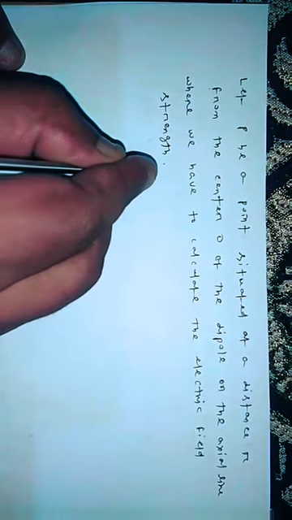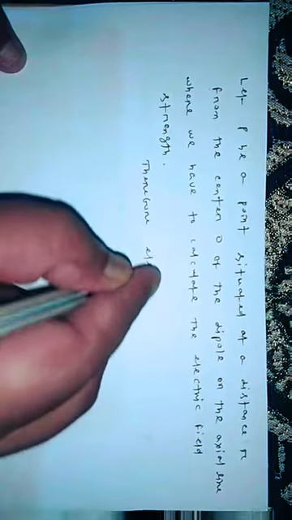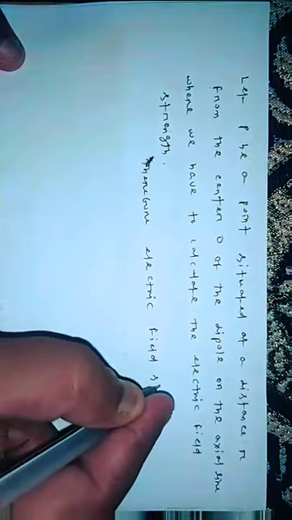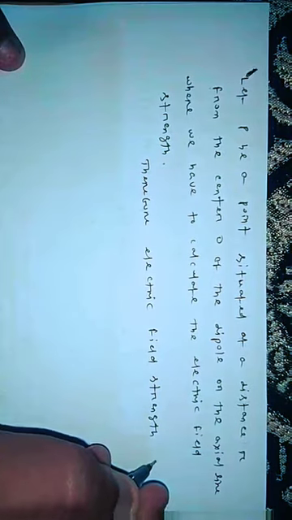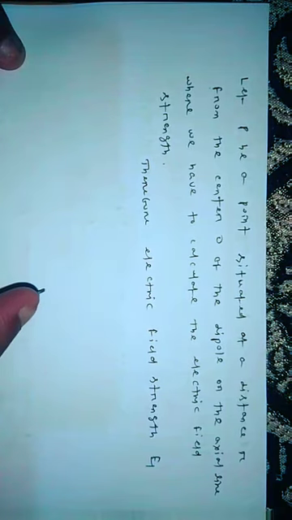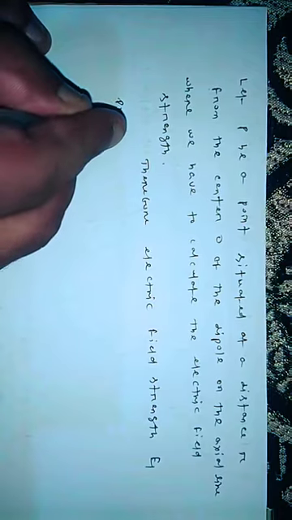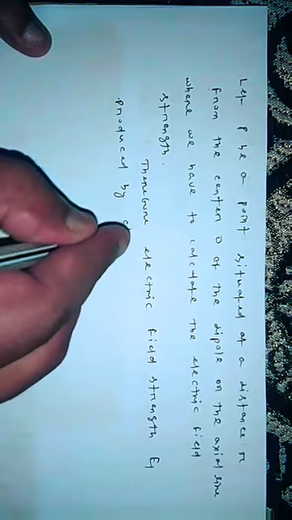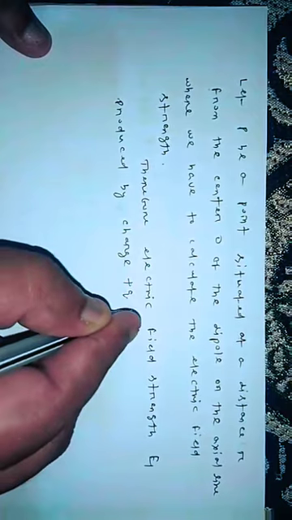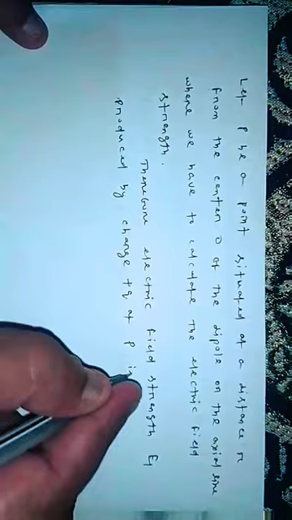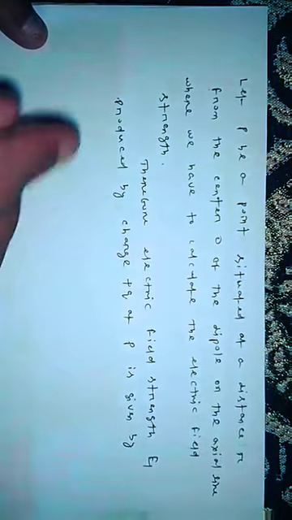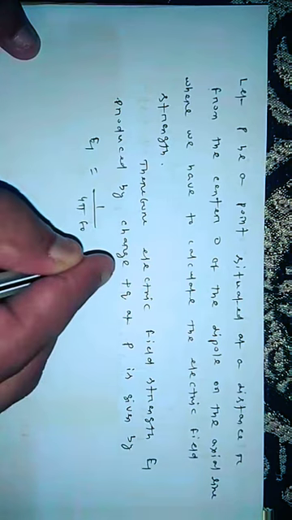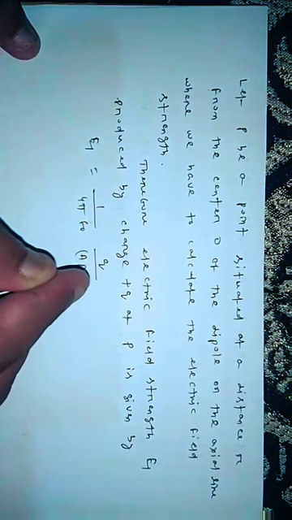Therefore, electric field strength E1 produced by charge plus Q at P is given by E1 equal to 1 by 4 pi epsilon 0 into Q by AP square.